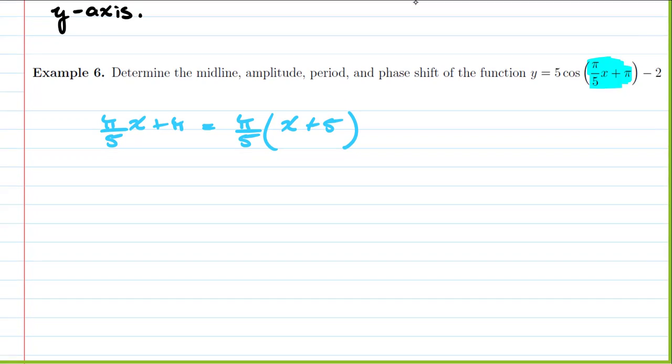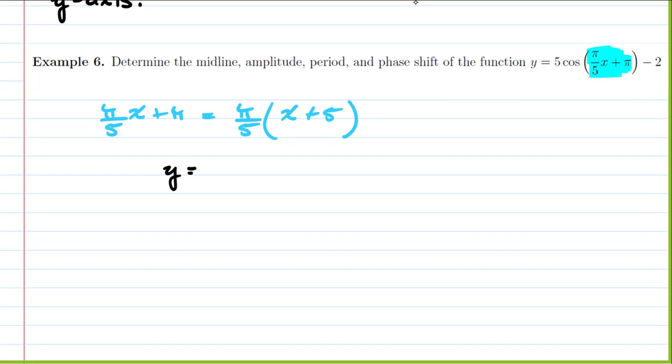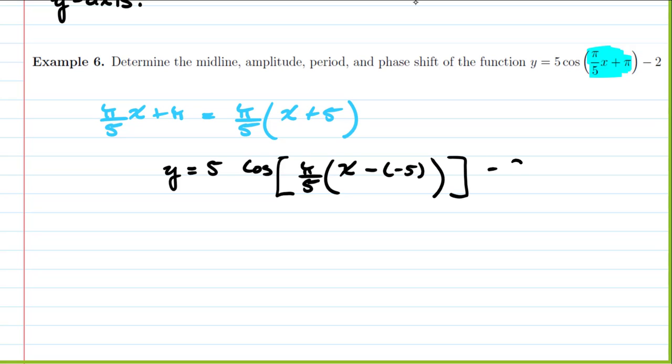So then this gives us y equals 5 times the cosine of pi over 5 times x plus 5, but I have a minus sign in my formula, so I'm going to rewrite that as a minus 2.